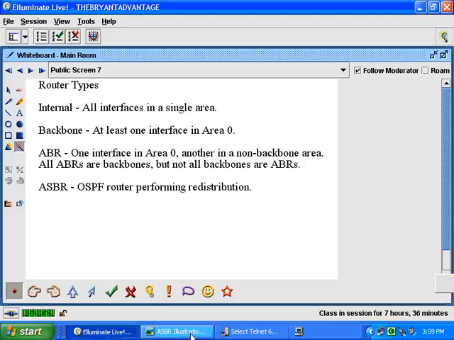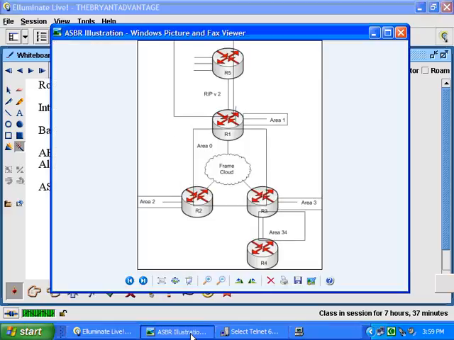The internal routers have all their interfaces in a single area. And in this network, did we have any internal routers? Let's bring up the drawing there and just take a look at that and identify the internal routers. And there are none. There's no OSPF enabled router here that has all its interfaces in a single area.